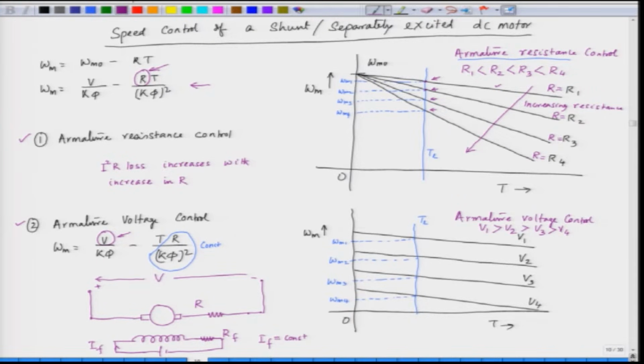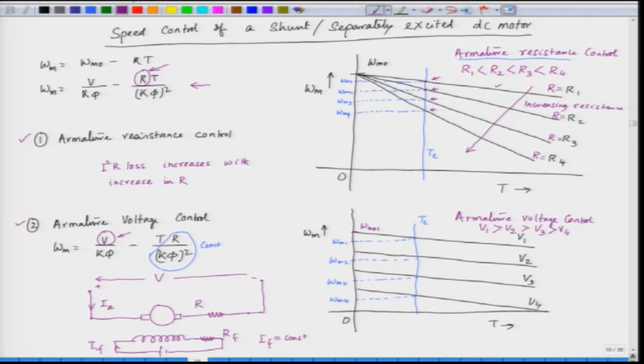Now, when we vary this V, this is the current which flows through the armature, I A. Now, when we vary the V, the no load speed changes, V by K phi changes, the resistance is constant, we do not change the resistance, the voltage is changed. So, the no load speed changes here, this is the no load speed and this is omega m naught 1.